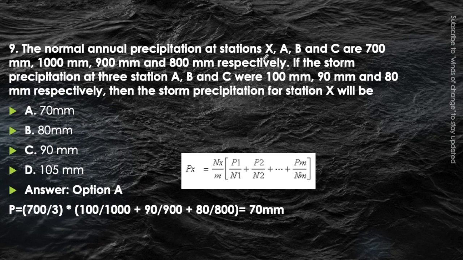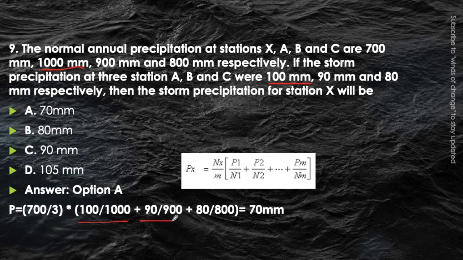Now for the X station, it is Px/Nx = 1/m times P1/N1. P1, the precipitation of A, is 100 mm and the normal precipitation of A is 1000 mm. So P1/N1 is 100 upon 1000.